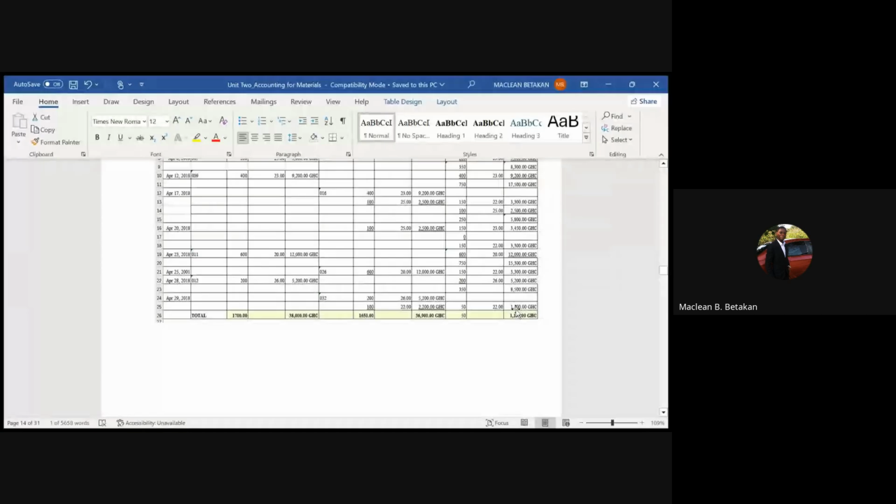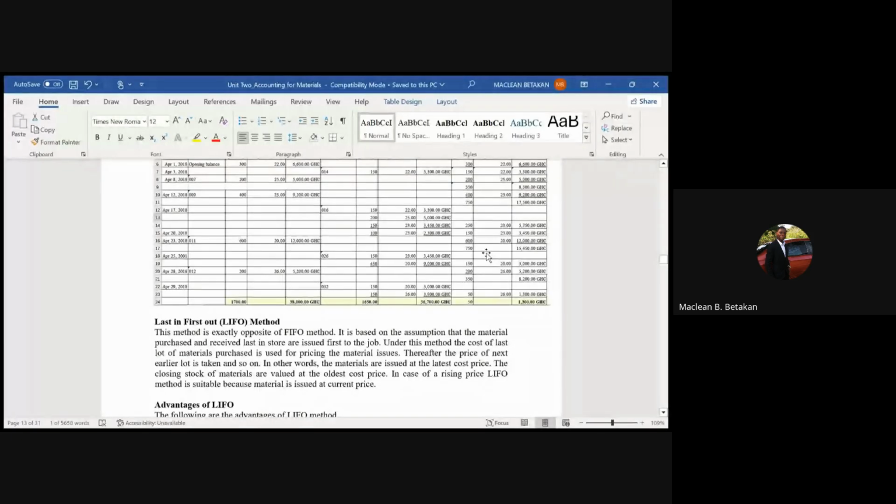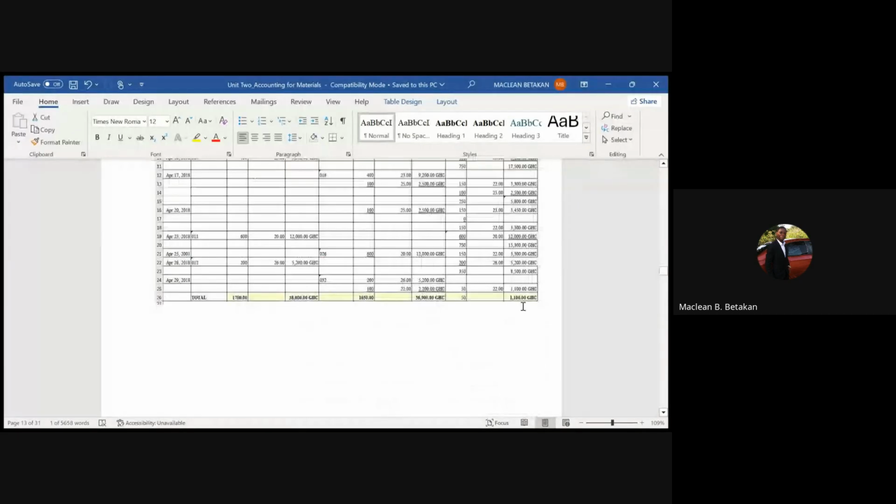1,100. Unlike FIFO, okay, where we had 1,300. FIFO is valued at the highest, more than the LIFO. So LIFO is valued at the lowest. Sometimes they can ask you to explain why FIFO is valued at a higher amount, higher inventory than the LIFO. Why LIFO is valued at the lowest inventory than the FIFO.